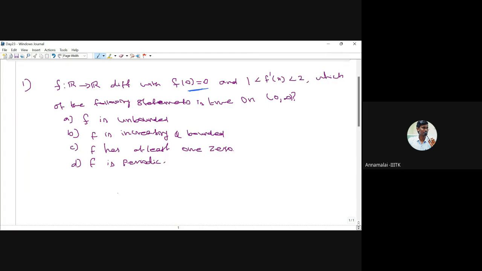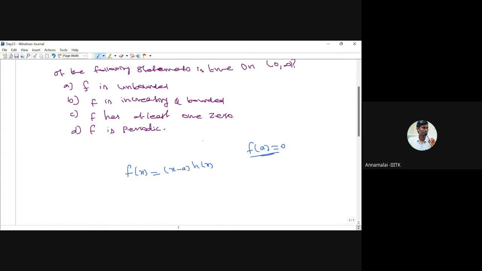Since we know that if f of a equals 0, then x minus a is a factor of f of x, and 0 is a root here, therefore x is a factor. So f of x is x times h of x, where h is some function.